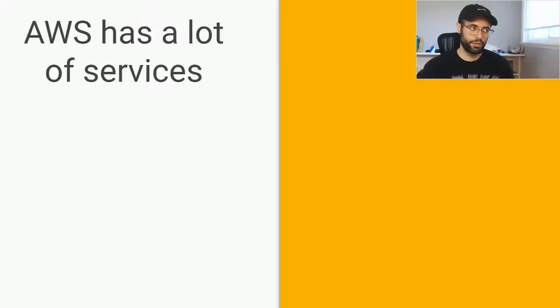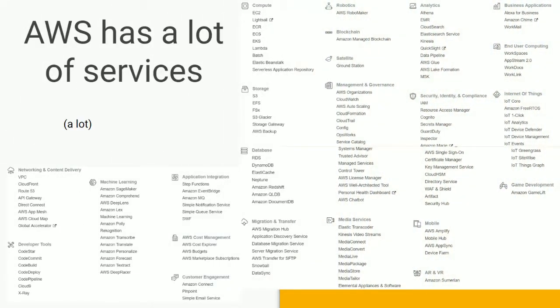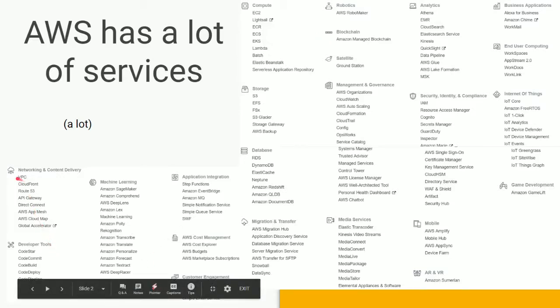So there's something to know about AWS, which is that it has a lot of services, and I really do mean a lot. Any kind of aspect of any kind of software or application is represented in an AWS service.